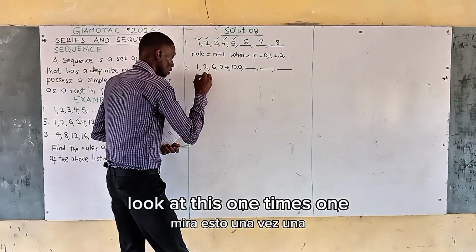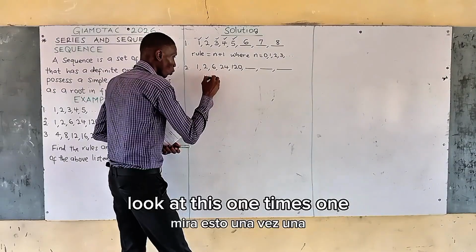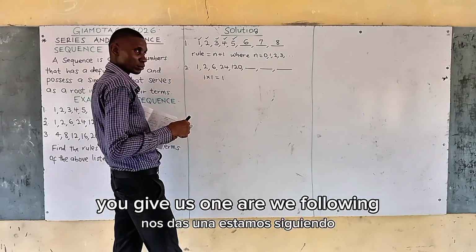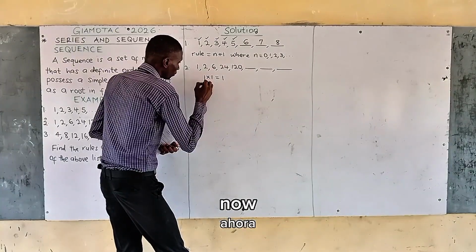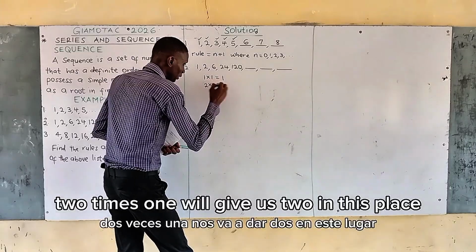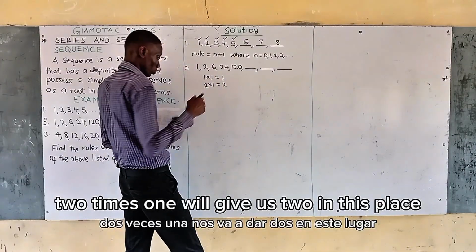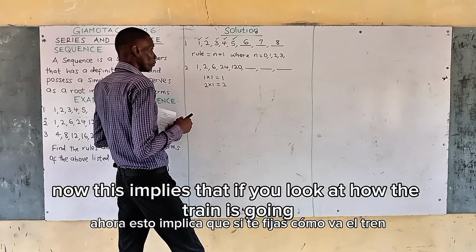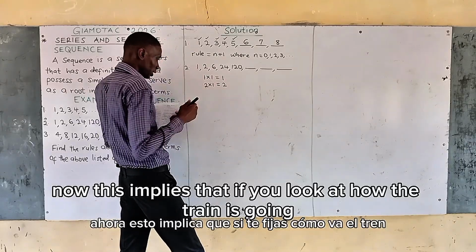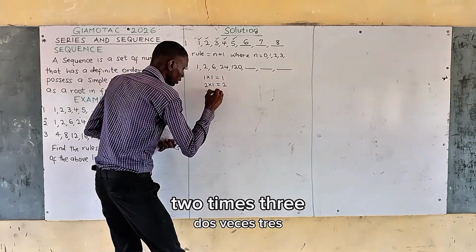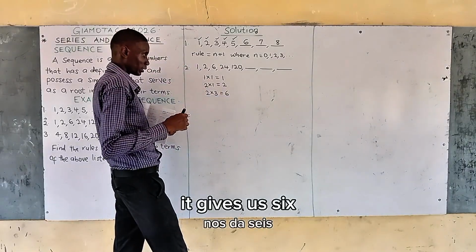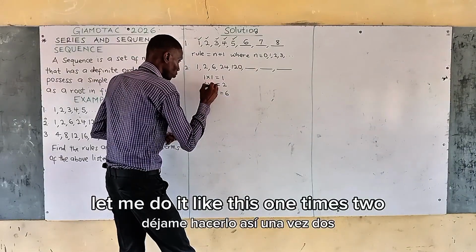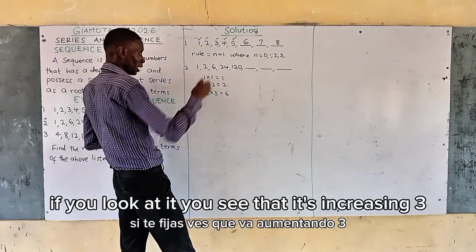Look at this. 1 times 1 will give us 1. Now, 2 times 1 will give us 2. If you look at how the thing is going, 2 times 3 gives us 6. Let me do it like this. 1 times 2. If you look at it, you will see that it's increasing.